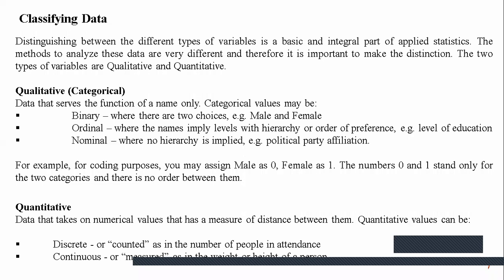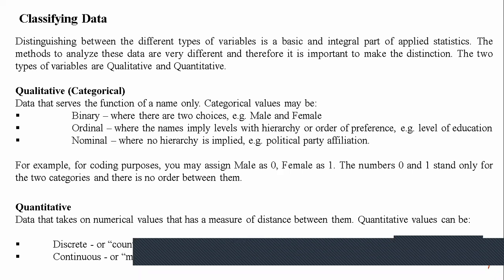The two types of variables are qualitative and quantitative. Qualitative variables are also called categorical variables, and quantitative variables are numerical variables.